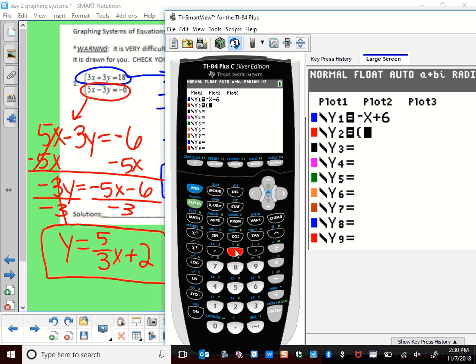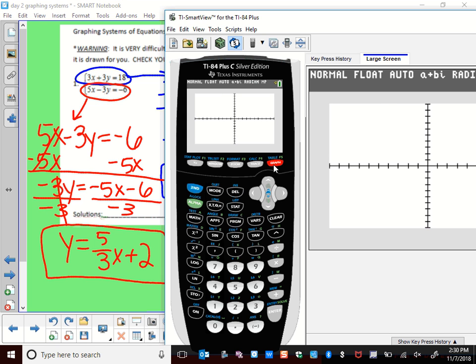My second equation, in parentheses, 5 divided by 3 as a fraction, x plus 2. That's what I have so far. All right, let's graph it so we can see what it looks like.